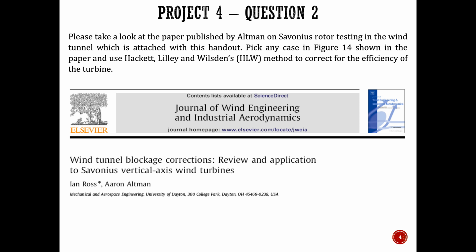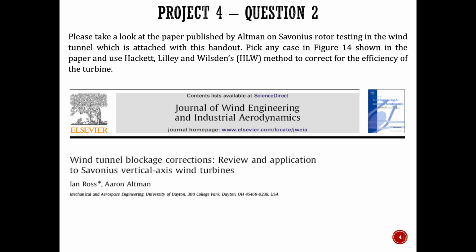This paper describes the Savonius turbine, which is basically a vertical axis turbine. They scaled it at different scaling ratios and looked at how the wind tunnel influenced the measurements that you get from the turbine.